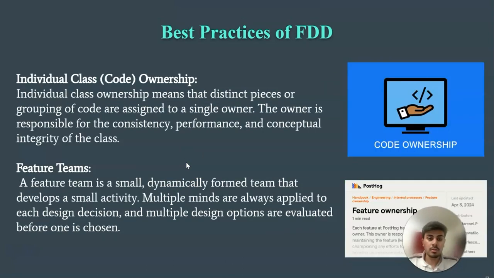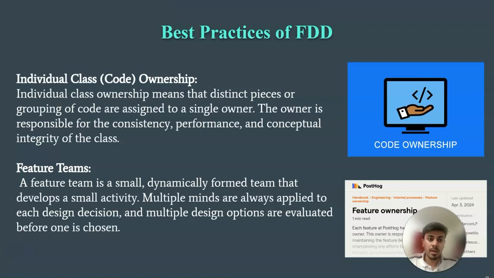Individual class code ownership. Individual class ownership means that distinct pieces or groupings of code are assigned to a single owner. The owner is responsible for consistency, performance, and conceptual integrity of the class. This development process decides which person or role is ultimately responsible for the contents of a class.